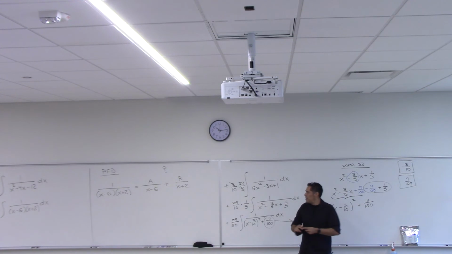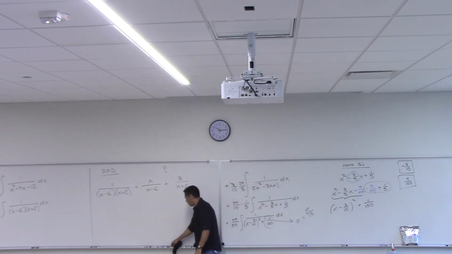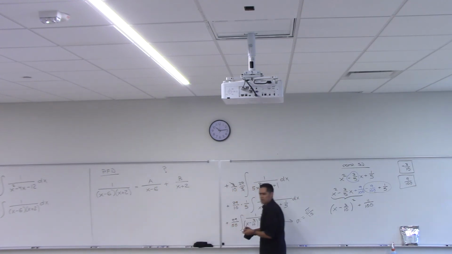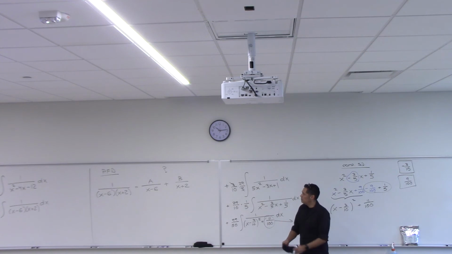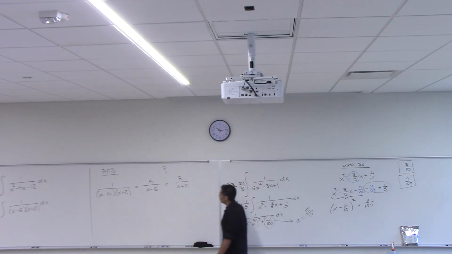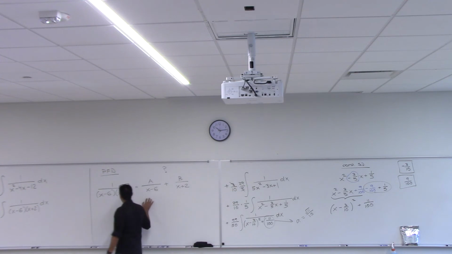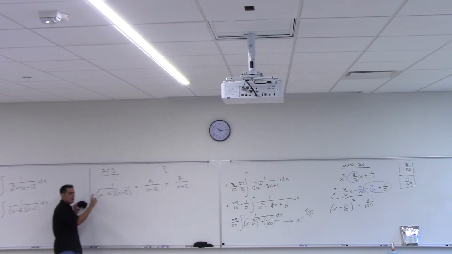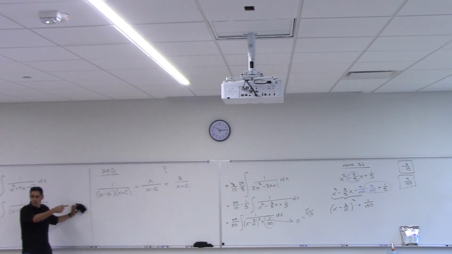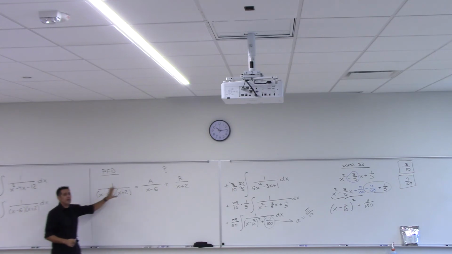Let's do it. Let's see, how can we do this? What do we do? You remember? You're going to try to get yourself the same denominator, so therefore A will be times x plus 2, and then x minus 6 will be times B. We're trying to figure out what A and B are that make this true. So what we want to do here is first clear the fractions.